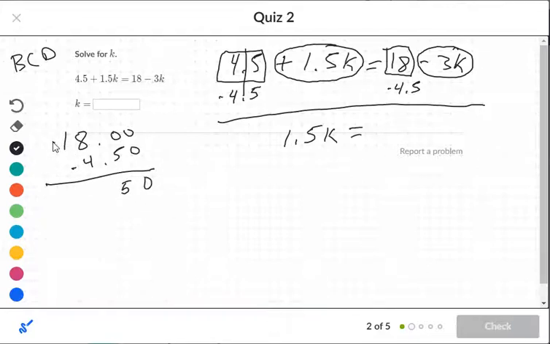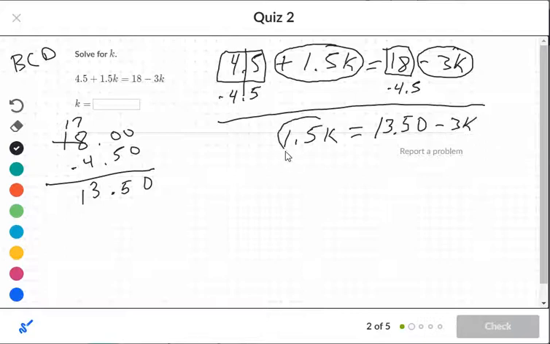When I subtract, I get 50, and the 18 becomes 17, so this becomes $13.50, because I like to treat my decimals as money. If you have $18 and subtract $4.50, you get $13.50.